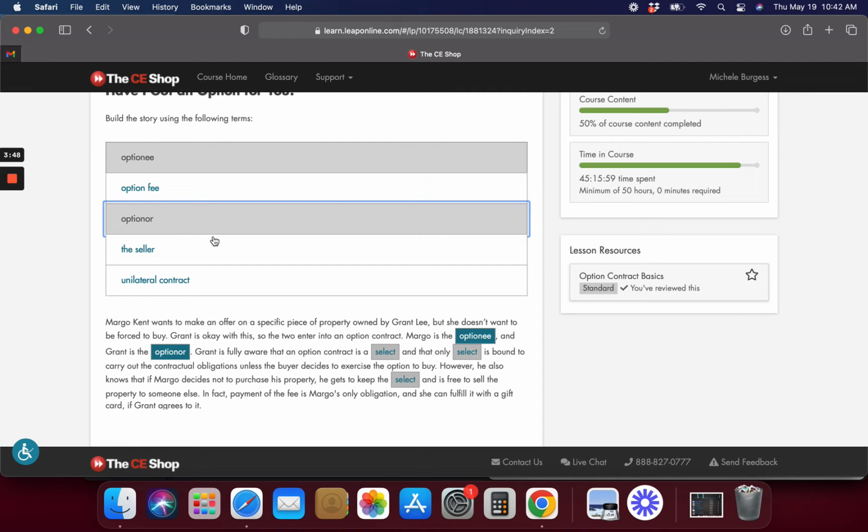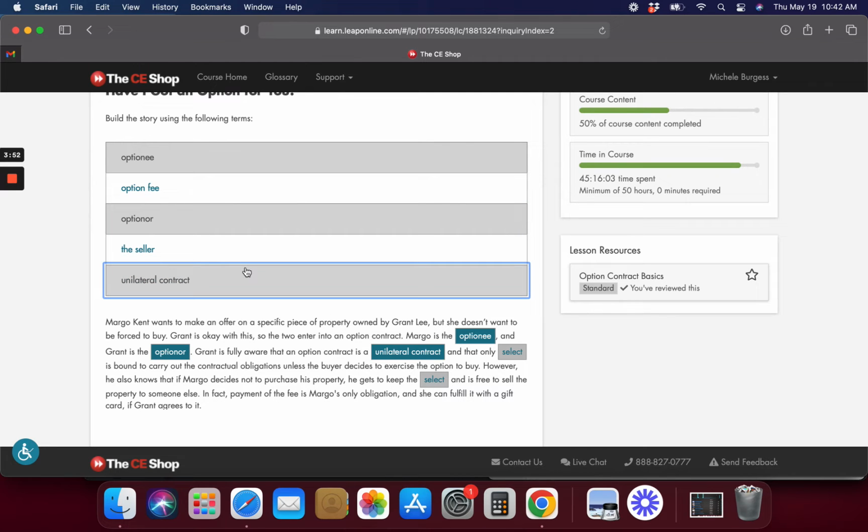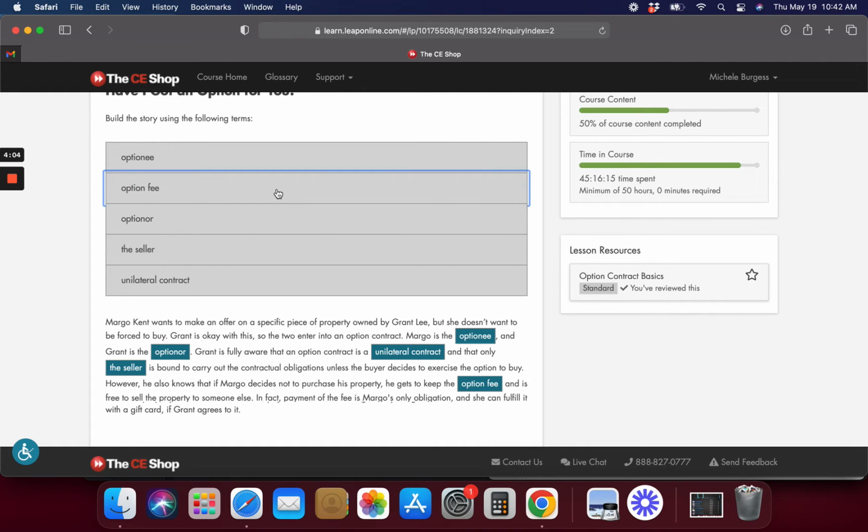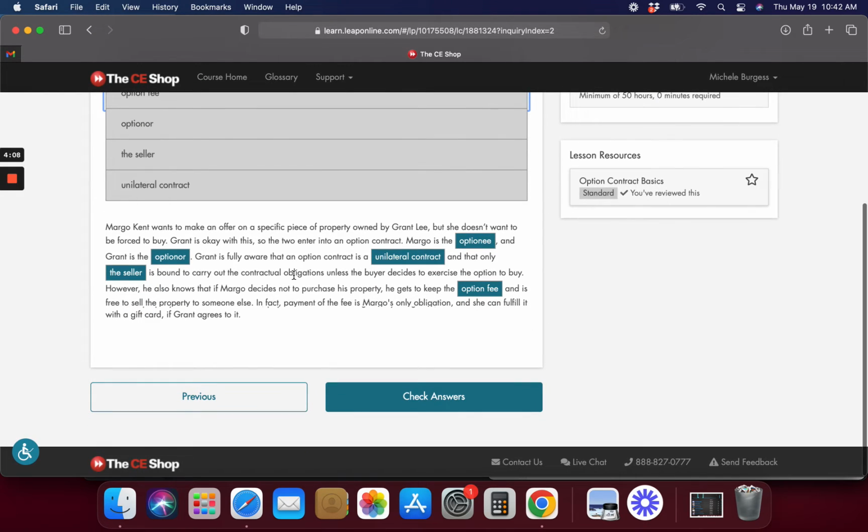Grant is fully aware that an option contract is a unilateral contract and that only the seller is bound to carry out the obligations. If Margot decides not to purchase the property, he gets to keep the option fee and is free to go.